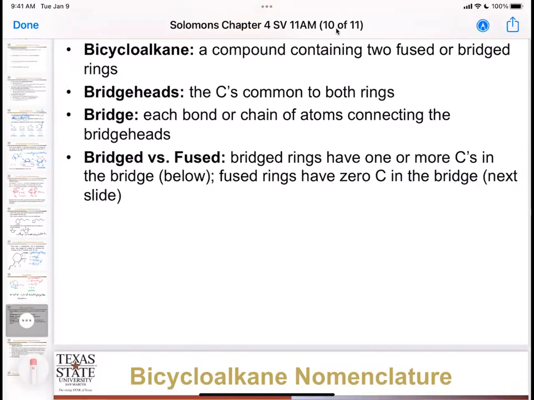Okay, so I'm going to use an example here that says, okay, I have a cyclobutane. I'm going to put another thing on there. So now I have two cyclobutanes. This is now a bicyclo compound. There's two cycles, okay? So we have to identify some parts of these two cycles first.